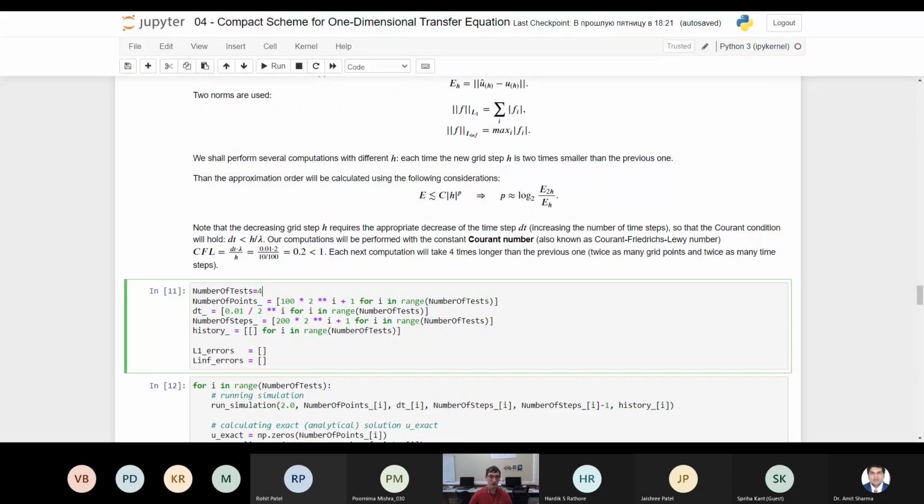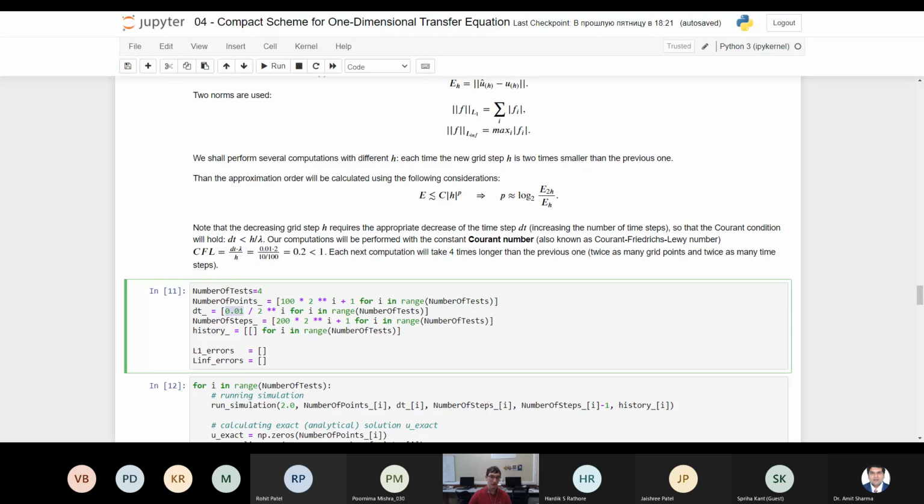So here we can actually initialize our 4 tests that we will run. The number of points for the first test is 101, and for each next test we will have twice as many grid points.